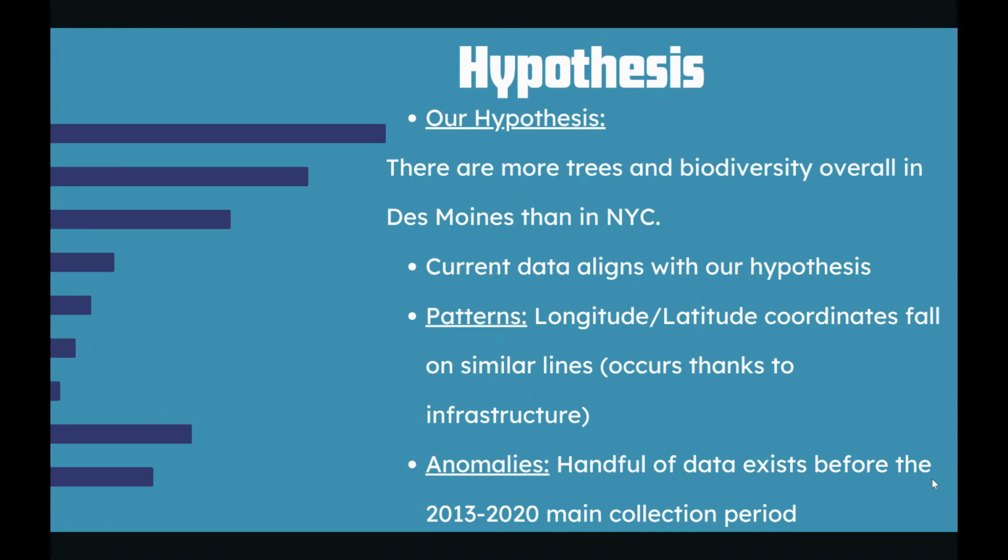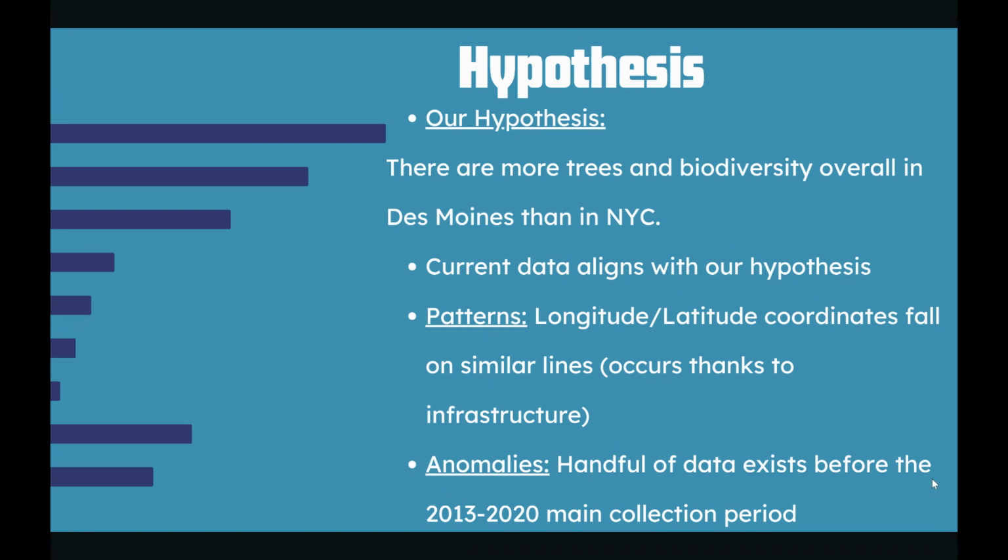We can assume that this occurs because of the infrastructure that was put in place, especially in the early 1900s in cities like New York City, and how the placement of infrastructure really affects urban forestry later on, and how we would be able to place trees and analyze them and check patterns and things like that.